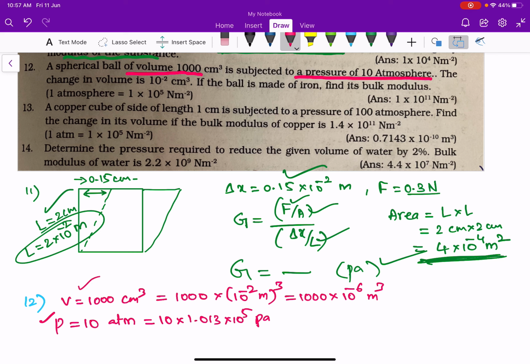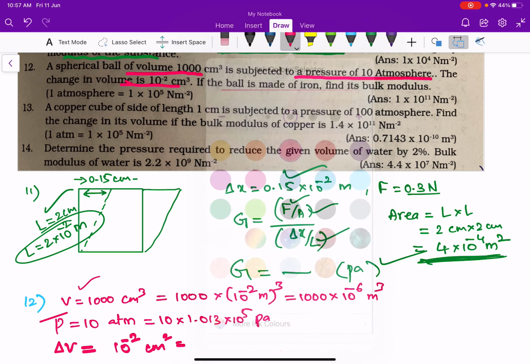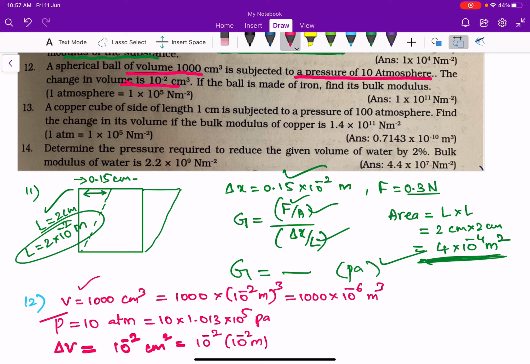The other thing is the change in volume, delta V. Here delta V is 10 power minus 2 centimeter cube. 10 power minus 2 into 10 power minus 6 is 10 power minus 8, so you will get 10 power minus 8 as delta V. If the ball is made of iron, find the bulk modulus.